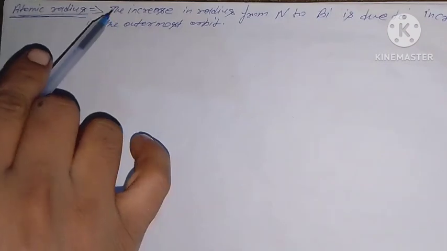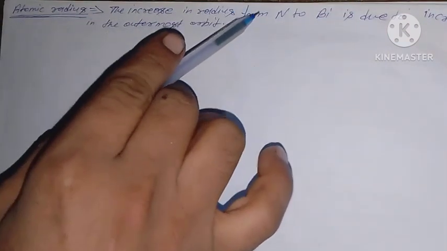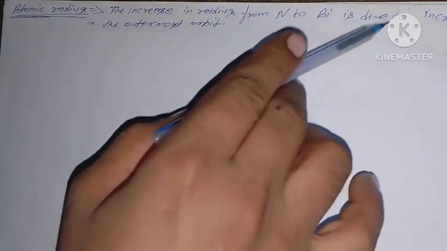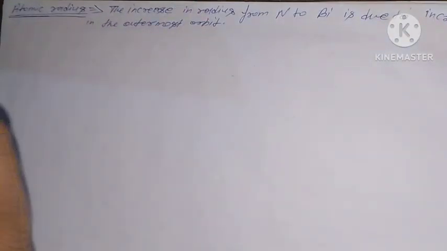Atomic radius. The increase in radius from nitrogen to bismuth is due to increase in the outermost orbit.